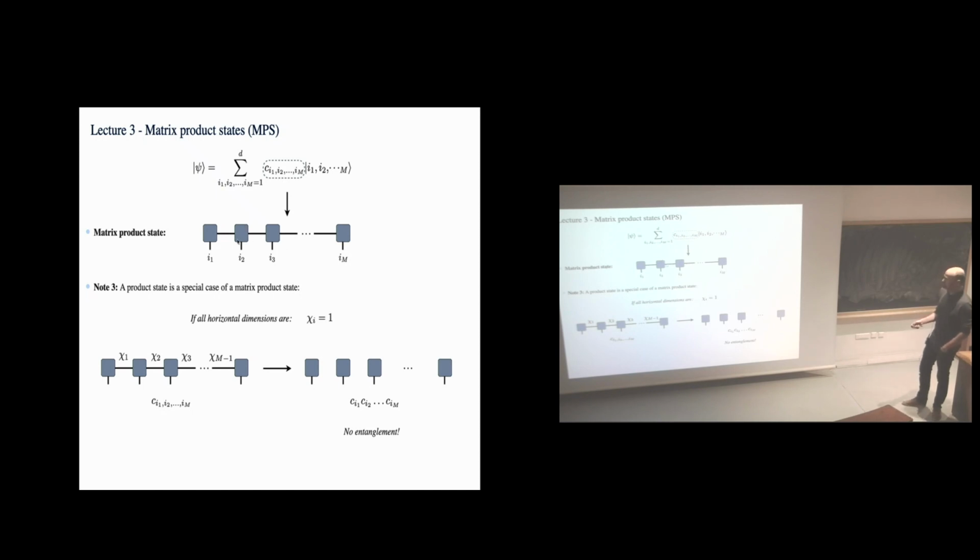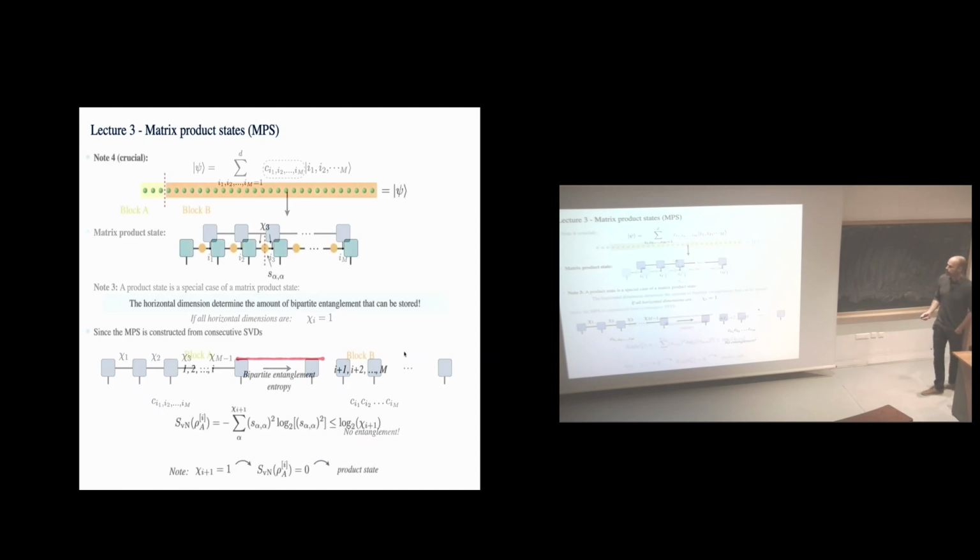I have some finite dimension between my sites. But if I set all of these horizontal dimensions to 1, then I have really states with 1-by-1 matrices, and then I can write it like this. And that would mean, again, I just have number times number times number. So then it would be, again, a product state that's very similar to what you would do in your mean field approximation. And then you exclude any type of entanglement in the system. But really, the product state is a special case of our class of matrix product states.